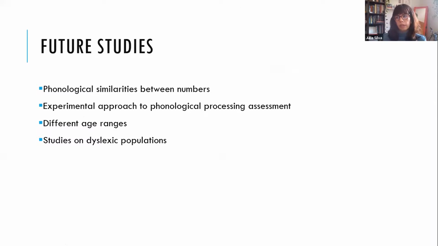Also, the phonological similarity between numbers is something that, when I was reading both Malu and Bella's papers, is hard because there are some number words that are quite similar and they might be more prone to errors associated with phonological processing. And it's important to also assess different age ranges, because there is some work that suggested that the interplay between phonological processing and metacognition changes according to age and education, and also to have studies on dyslexic populations.